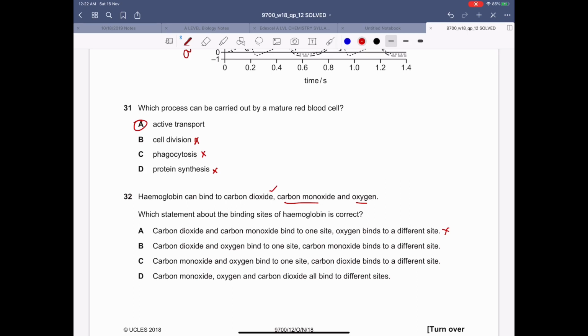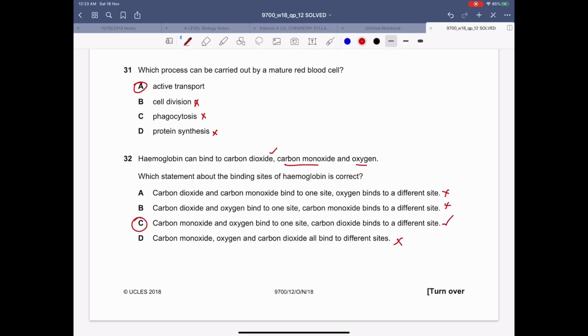Carbon dioxide and oxygen bind to one site, carbon monoxide binds to a different site: wrong. Carbon monoxide and oxygen bind to one site and carbon dioxide binds to a different site: correct. Carbon monoxide, oxygen and carbon dioxide all at different sites: that is also wrong. So option C, 32C.